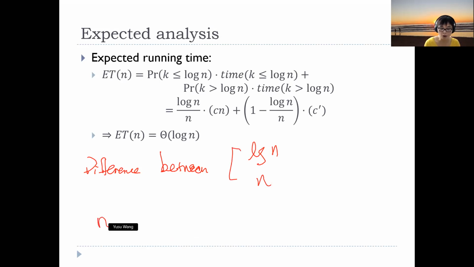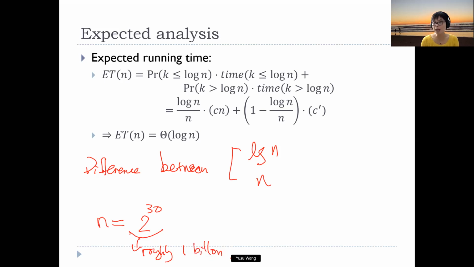Imagine your n is really large, let's say 1 billion. 1 billion is roughly 2 to the power of 30.